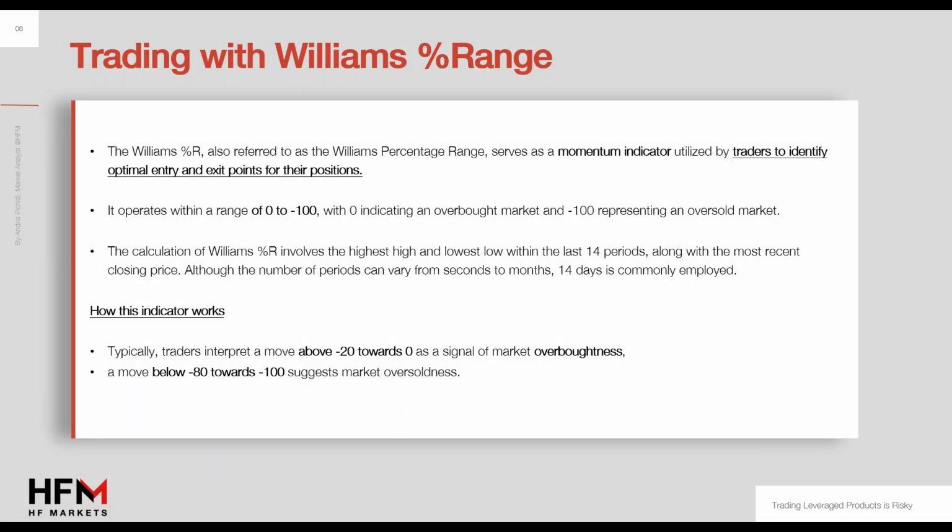Okay, I spent the whole session on CCI, but that was the trickier one. So Williams percentage will be straightforward. There are just a few examples. It's a much easier indicator to interpret. Okay, Williams range is a momentum indicator. It does help you identify momentum, but it is widely used for identifying entry and exit points.